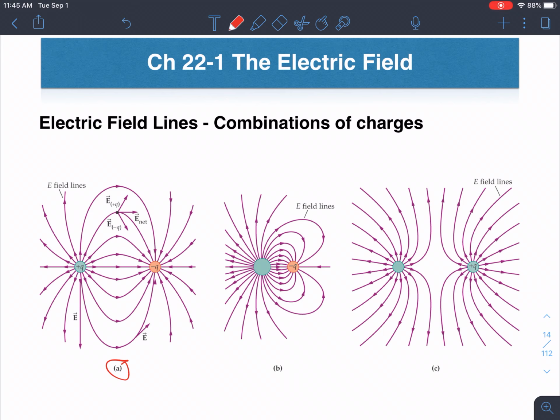And also if you make a circle around each Q and see how many electric field lines pierce through that circle, you'll find out that they're the same number. Okay, the reason is they have the same magnitude. So we understand also the number of lines are related to the magnitude of the charge, and the direction of the E field is related to the sign, the type of charge.